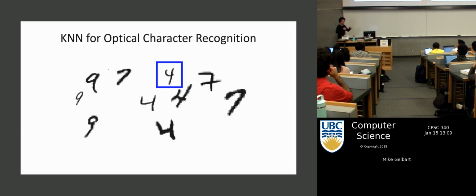The KNN way of doing this would be to look at nearby training examples, and then perhaps K is 3, so you look at these 3 that are the closest, and you say, oh, there's 2 4s and a 7, so I should predict 4. It's just another visualization of what we've already been talking about with KNN.